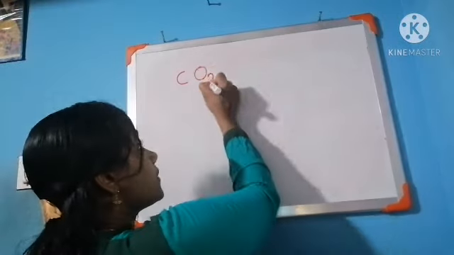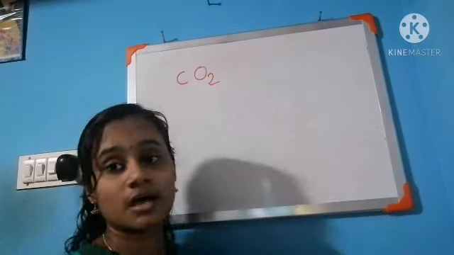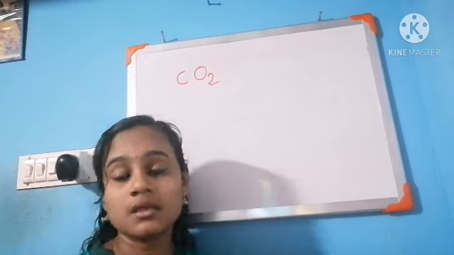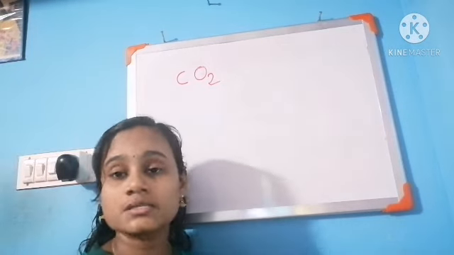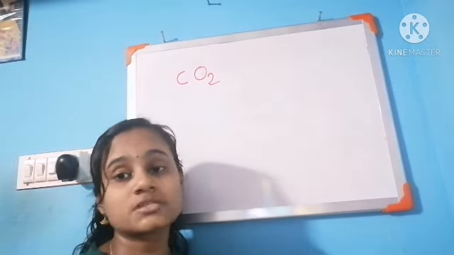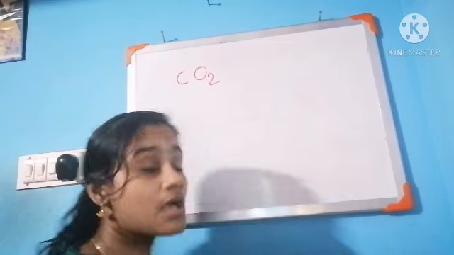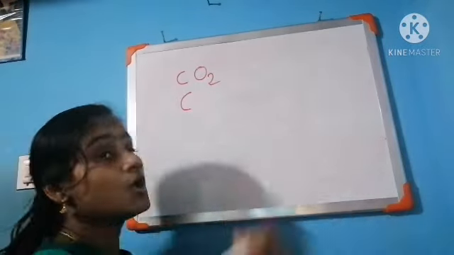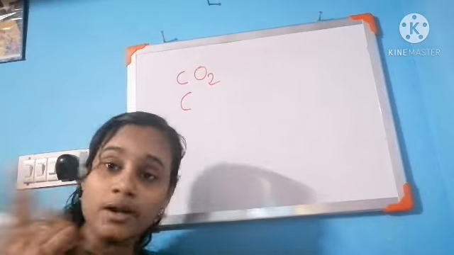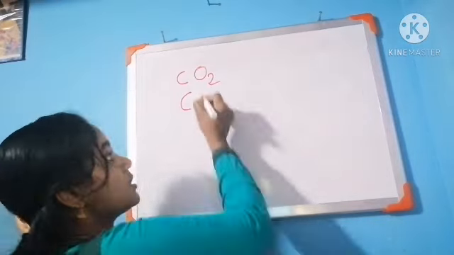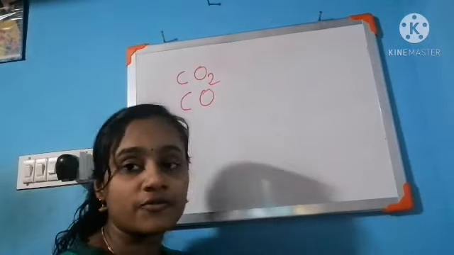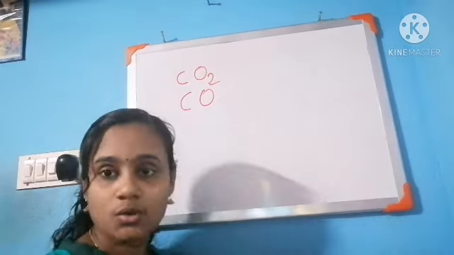So the carbon dioxide formula is CO2. What is the formula of carbon monoxide? Carbon C. Monoxide, 1 oxygen. So the formula of carbon monoxide is CO.